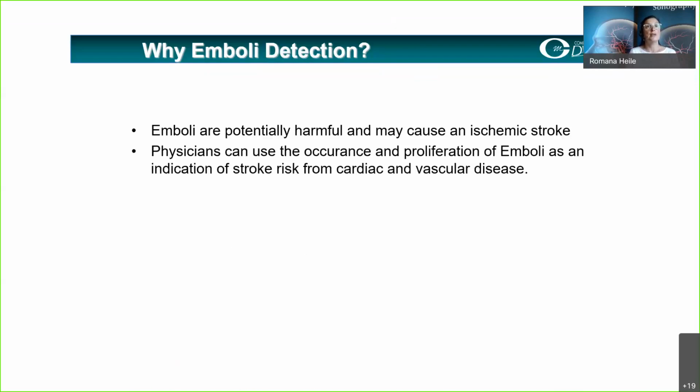It can be used to look for risk factors, especially during surgery. If during cardiac surgery or vascular surgery doctors can see that a lot of emboli appear during the operation, then they are aware that this patient may suffer from stroke after this kind of operation.